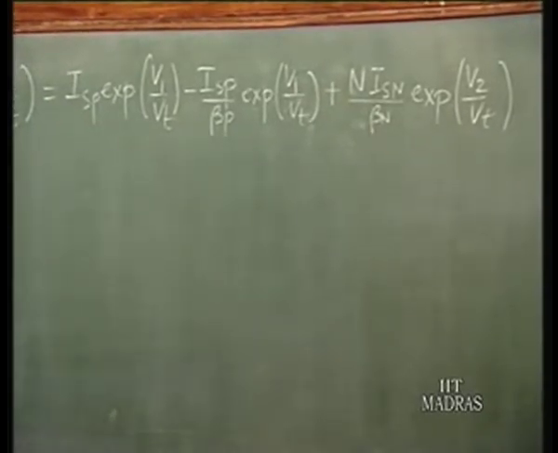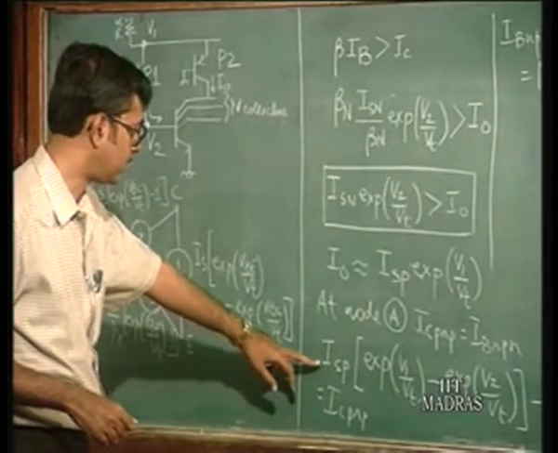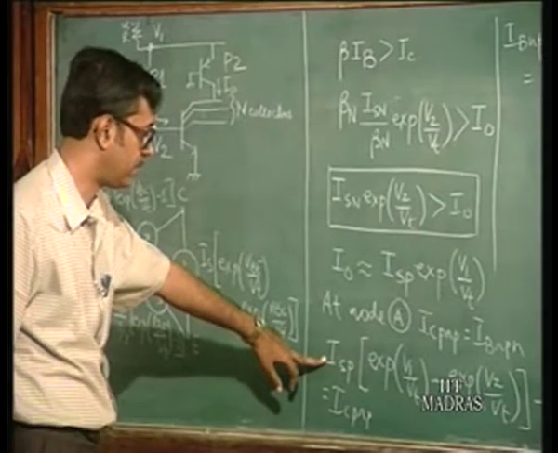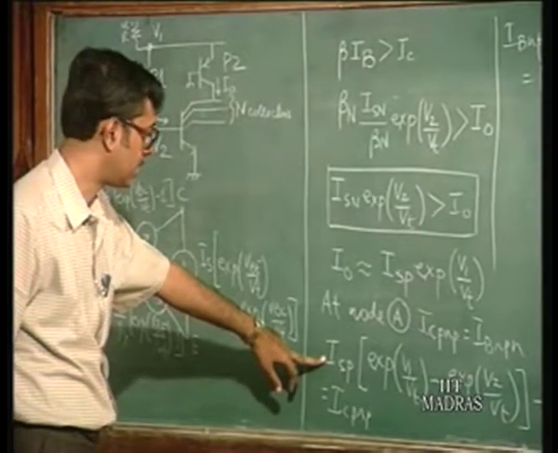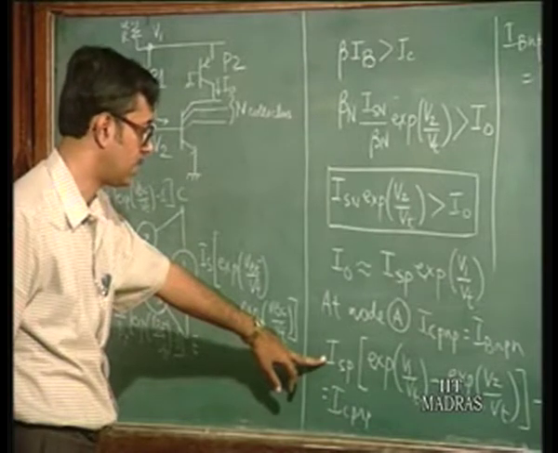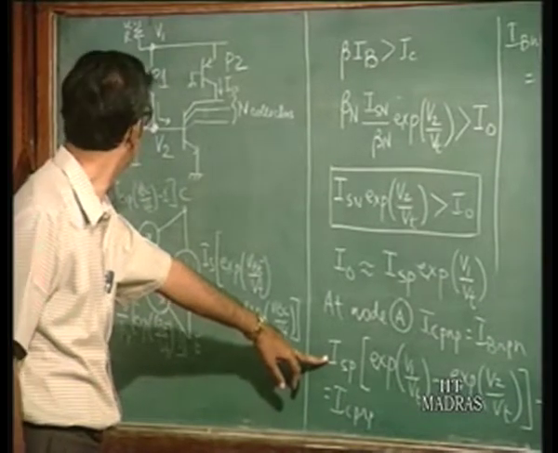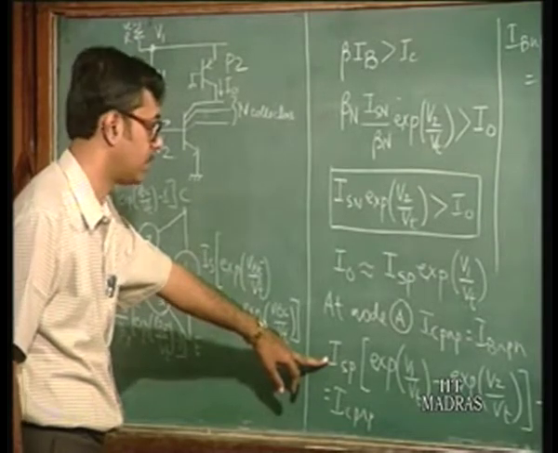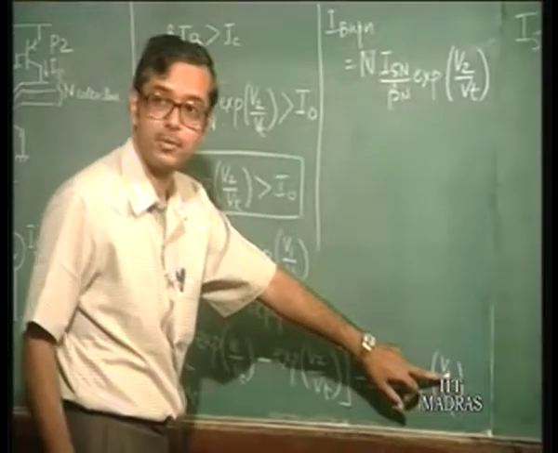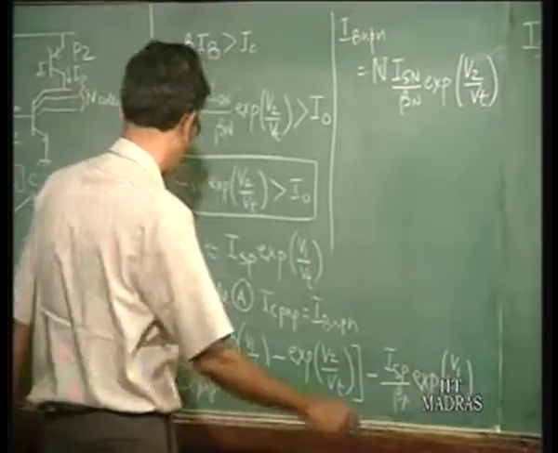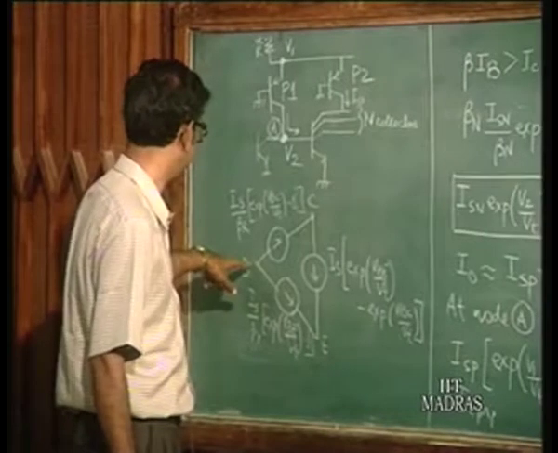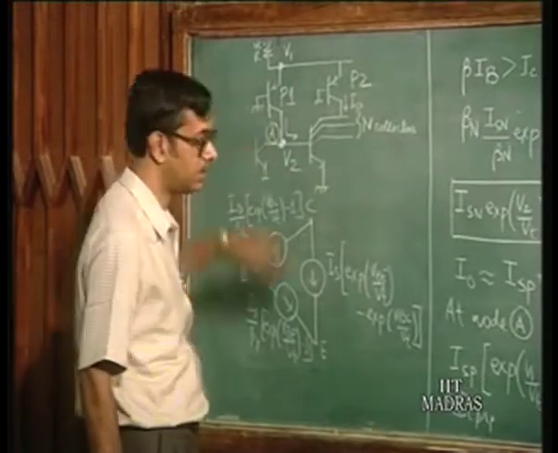I think there is some mistake somewhere. At node A, ISP exponential V1 by Vt minus exponential V2 by Vt minus the base collector term. Oh, this one is a mistake, I think. This has to be minus exponential. This is for the PNP, this is base collector, and this is V2.